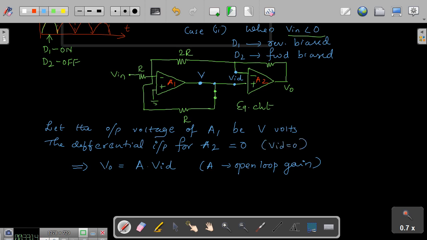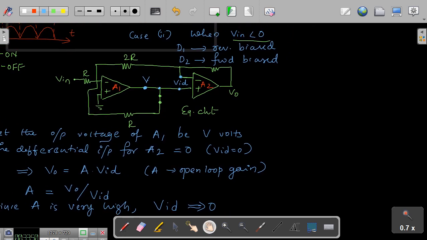V0 is the output voltage, and generally the open loop gain A is very, very high for any operational amplifier. Since A is actually infinite, VID tends to 0.